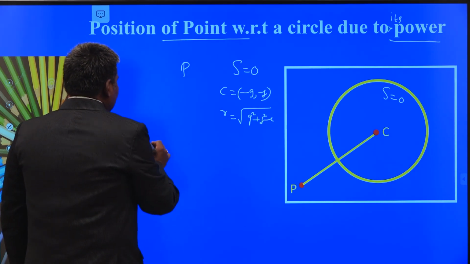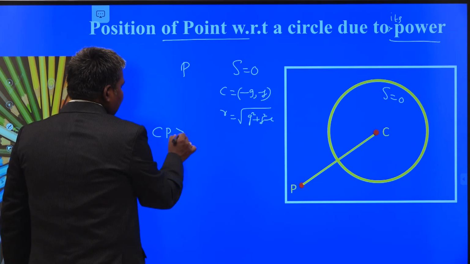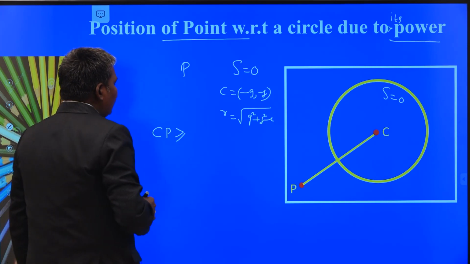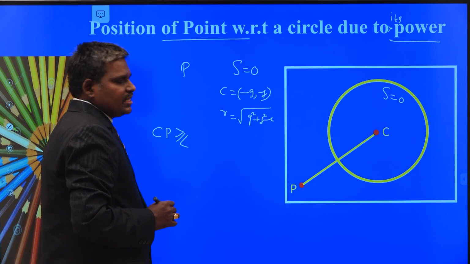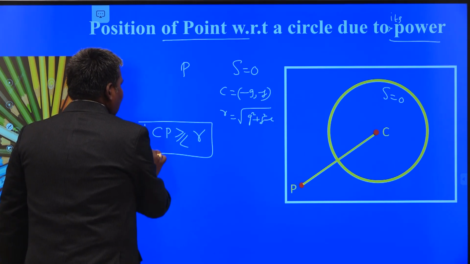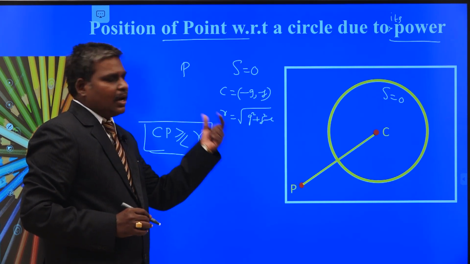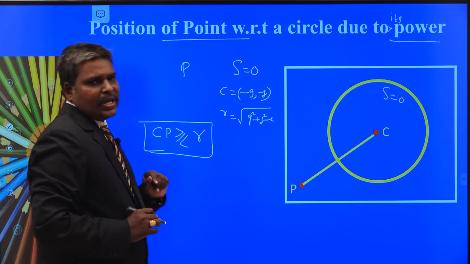What we discussed earlier, your point is P. If Cp greater than r, that is outside of the circle; equal to r, that is on the circle; less than r, that is inside of the circle. So Cp is greater than, equal to, or less than r, and the point is either outside, on, or inside according to these three conditions.